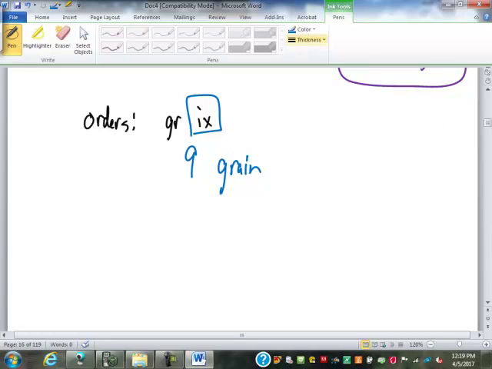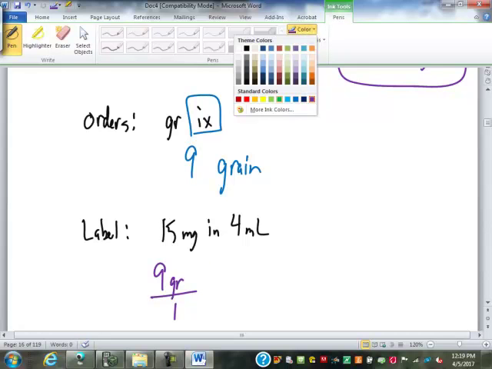So we might have a label that says 15 milligrams in 4 milliliters. We need to know how many milliliters to administer to a patient. Well, our first step is going to be to convert that 9 grains into milligrams.